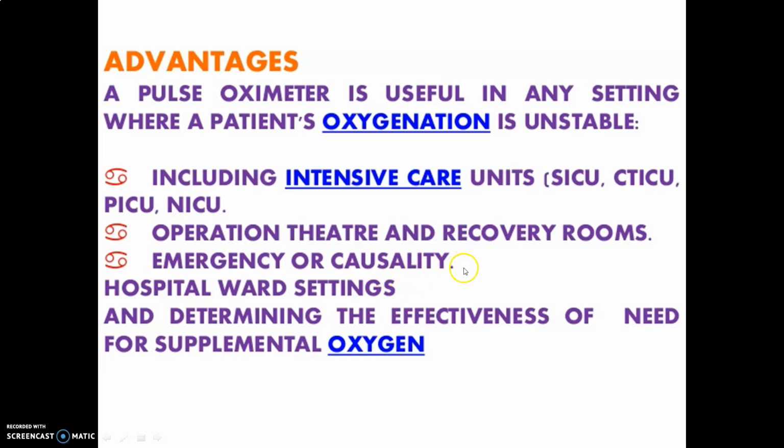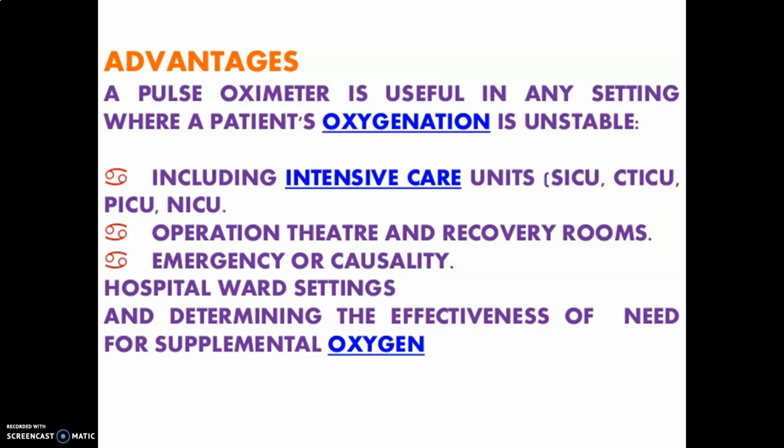Emergency or casualty: suppose a patient has had an RTA, a road traffic accident, they go immediately to the emergency department of the hospital, right? So our first duty is to check the vital signs along with the saturation level. If the vital signs are normal, fine, we give them first aid care.